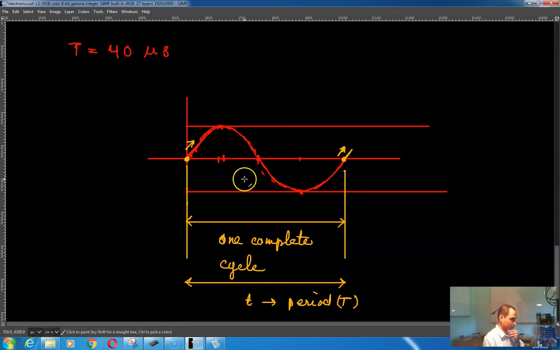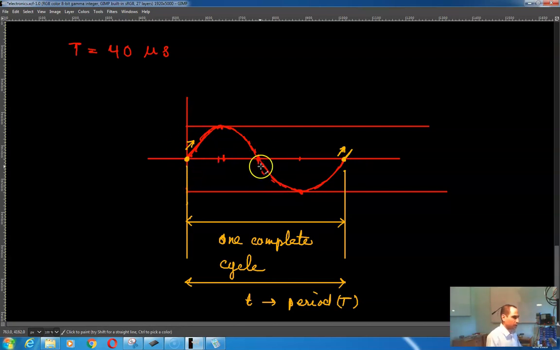And so now you want to calculate the frequency of this wave. You know that in 40 microseconds, which is this time interval, your wave goes through one complete cycle. Now, in 1 second, how many of these cycles are you going to have, right?